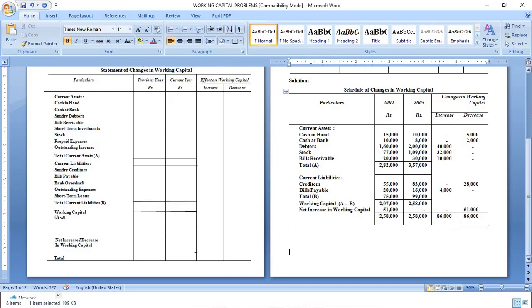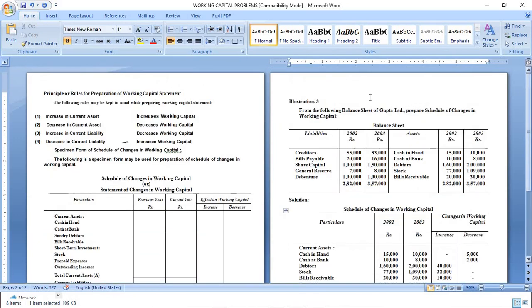Now we go to the first illustration question. I take one question from working capital, Illustration 3. The question says: from the following balance sheet of Gupta Limited Company, prepare a schedule of changes in working capital.